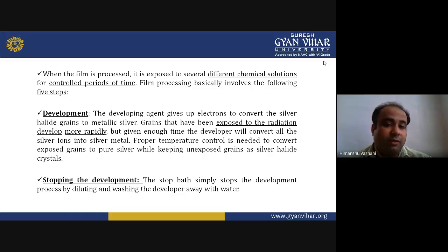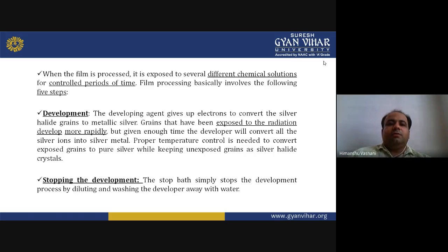So this is an important thing: proper temperature control is needed to convert exposed grains to pure silver while keeping unexposed grains as silver halide crystals. In this way, the development process takes place with the help of the developing agent.